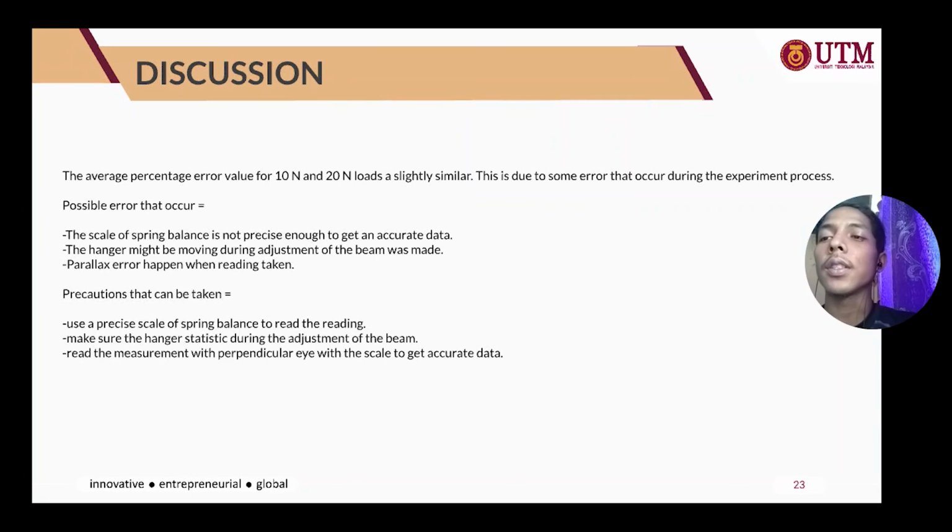To make sure this does not happen, use a precise spring balance scale, make sure the hanger is stationary during the adjustment of the beam, and read the measurement with the eye perpendicular to the scale to get accurate data.